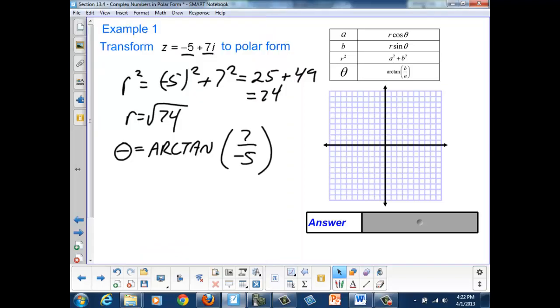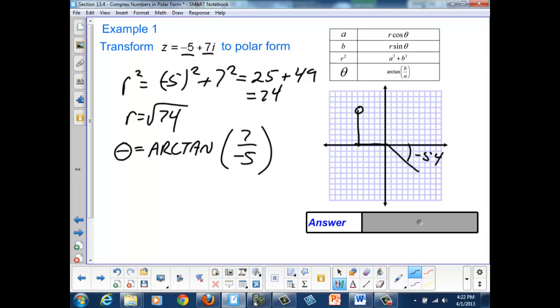Now if I go back to my question, I'm going to plot this complex number on the imaginary or complex plane. And if I go out negative 5 horizontally and up 7, then my complex number would be somewhere over here. But my calculator told me that my angle theta was negative 54 degrees. But negative 54 degrees puts me somewhere down here.